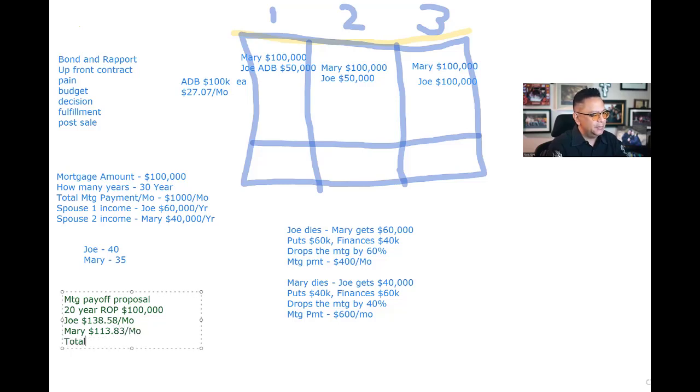So the total payment equals 252.41. Okay, so you multiply that by 20 years. So your return of premium will be $252.41 times 12 times 20.